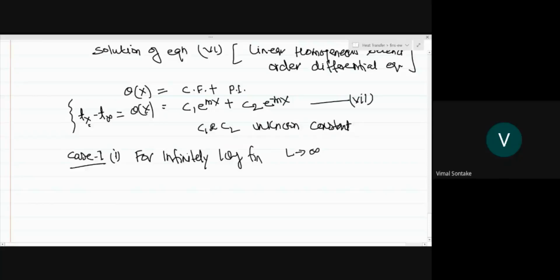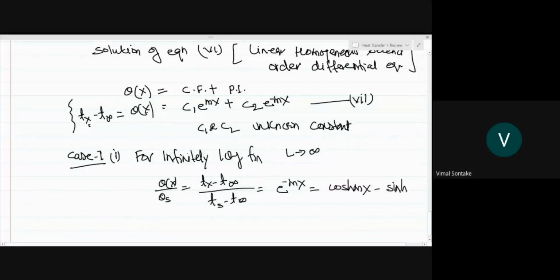If I want to find the temperature distribution, I could get it this way. Theta is nothing but theta(x). It can also be written as T(x) minus T infinity over Ts minus T infinity, and it comes out e to the power minus mx, and in terms of hyperbolic functions, it comes out cosh mx minus sinh mx.